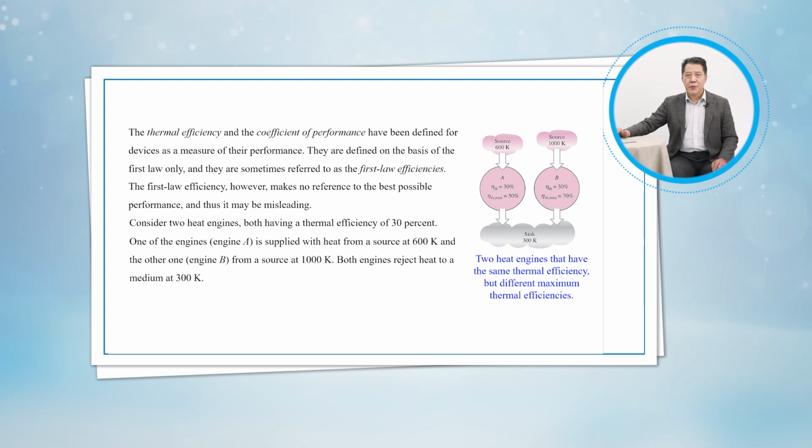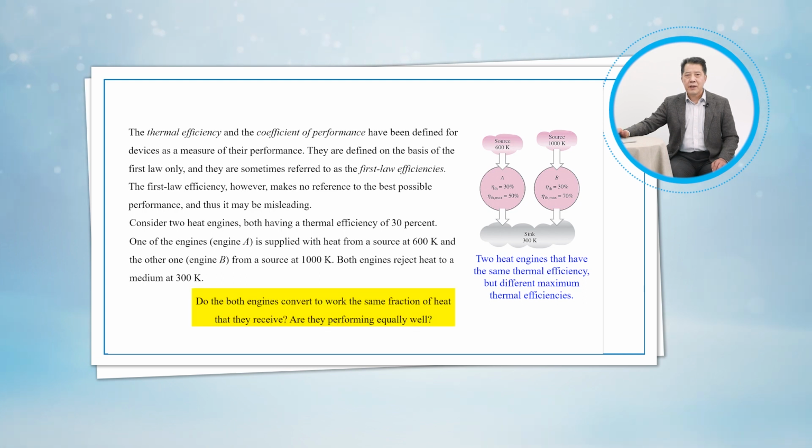Both engines reject heat to a medium at 300 Kelvin. Here, I have one question for you. Do both engines convert to work the same fraction of heat that they receive? Are they performing equally well?